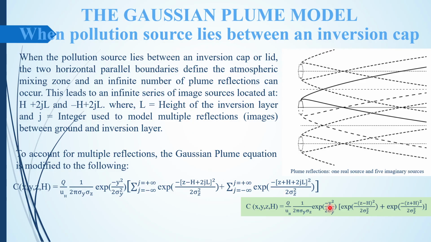So we keep this as it is, and in the bracket portion, we just change h with h plus 2jl in both terms, but the summation over j, from j equal to minus infinity to plus infinity, is given.